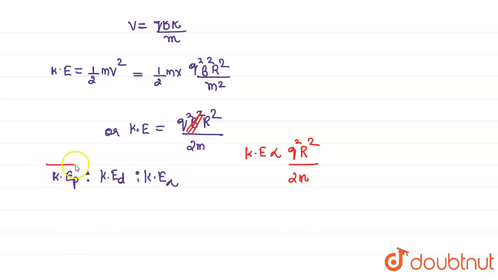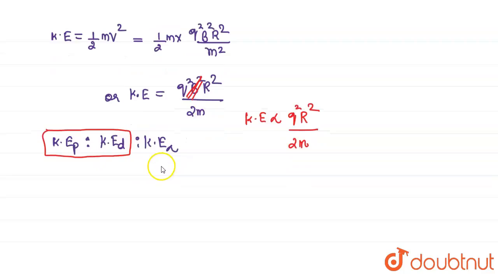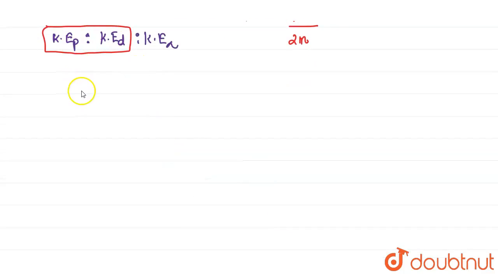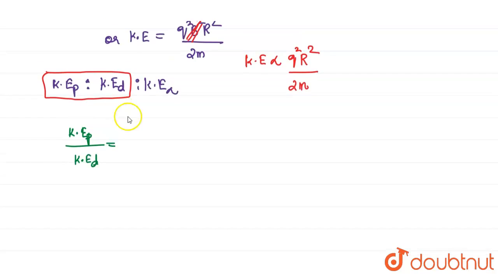Now we can take the ratio of kinetic energy of proton and deuteron, then kinetic energy of proton and alpha particle. So first we are going to find the kinetic energy of a proton divided by kinetic energy of a deuteron. What is our equation? It is proportional to q square r square divided by 2m.